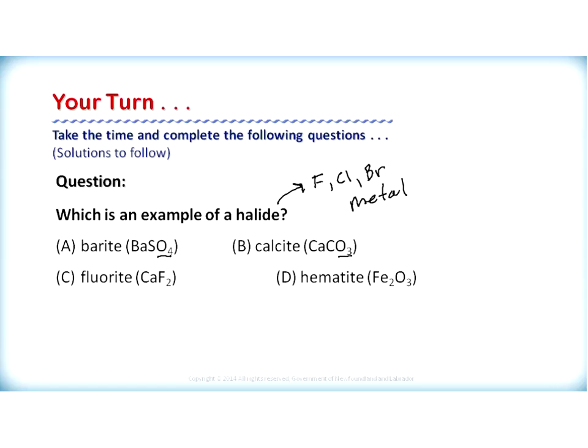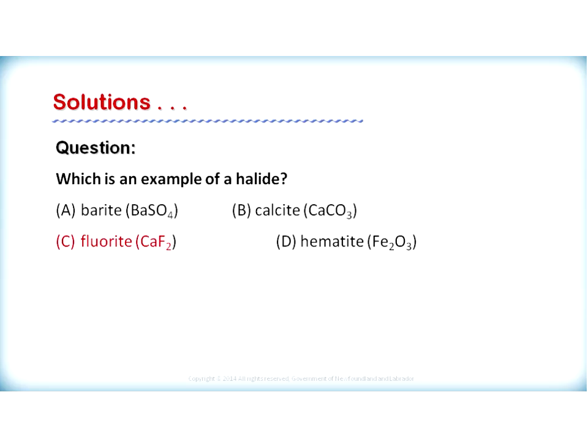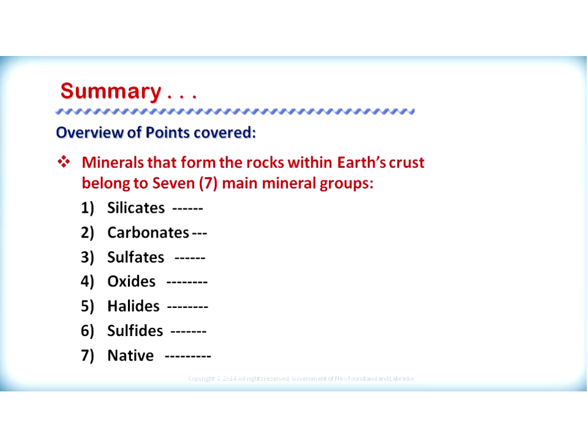So if we look at our chemical formulas here, we have an oxygen group in choice B, which wouldn't fall into the halide mineral group. We also have an oxygen group in choice D, which would not fall into the halide mineral group. But when we look at choice C, fluorite, CaF2, we do have our halogen preceded by a metal, so the answer would be C.